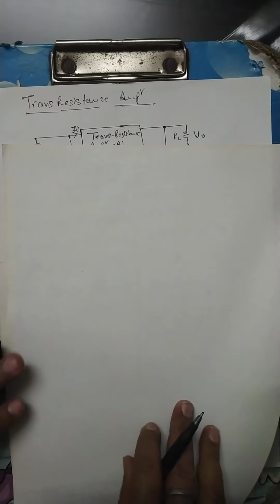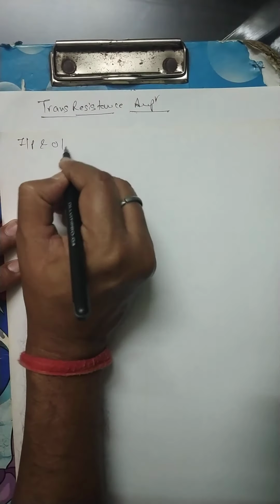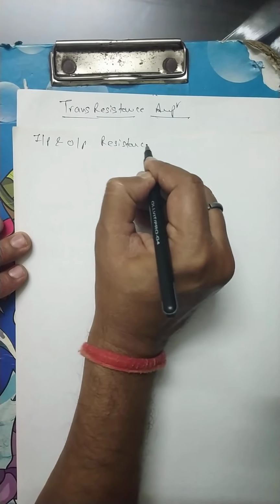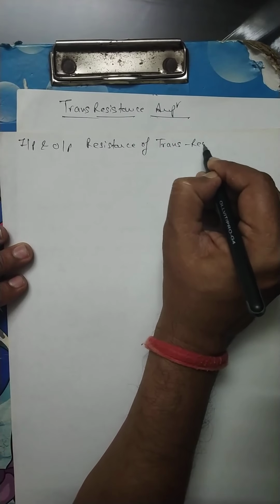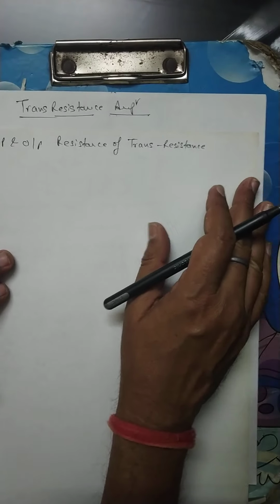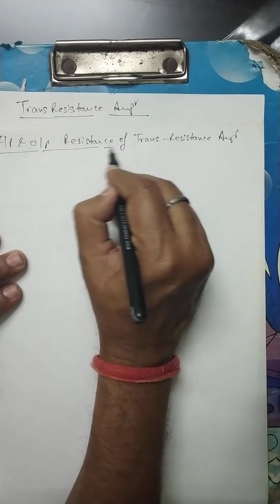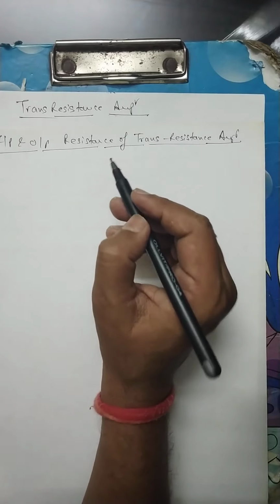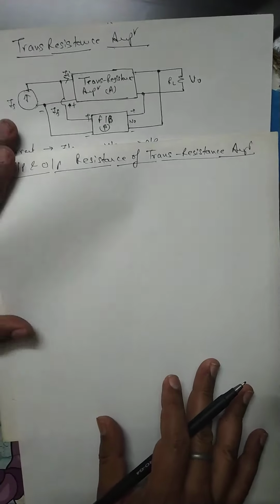So now we are calculating the input and output resistance of the transresistance amplifier. Just see. We have to draw the diagram for the transresistance amplifier.